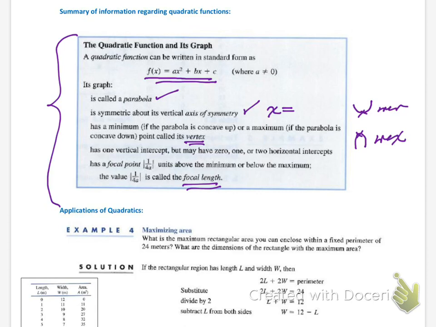So if you have a rectangle region with a length of L and a width of W, here is your rectangle, length, width, so the perimeter would be 2L plus 2W. Okay, so then what are they doing here? They are writing the width in terms of the length, so that they only have one variable. So let's continue this on the next page, but that's our basic setup.